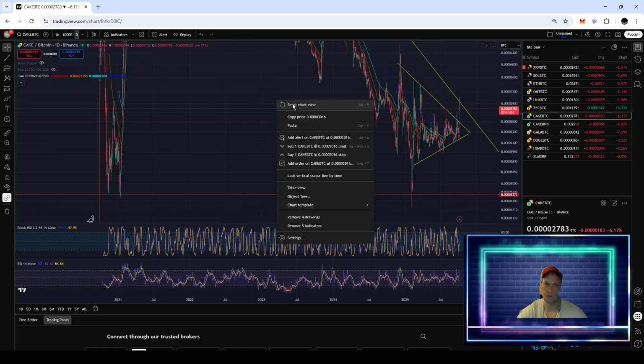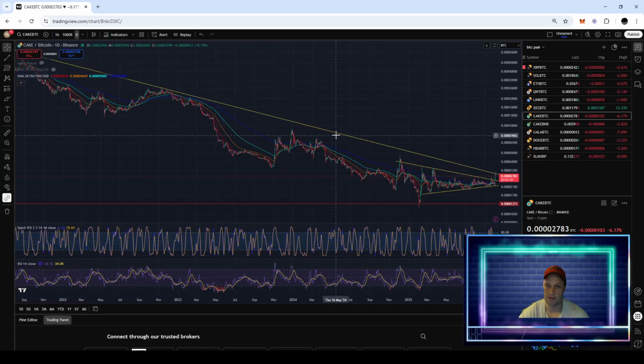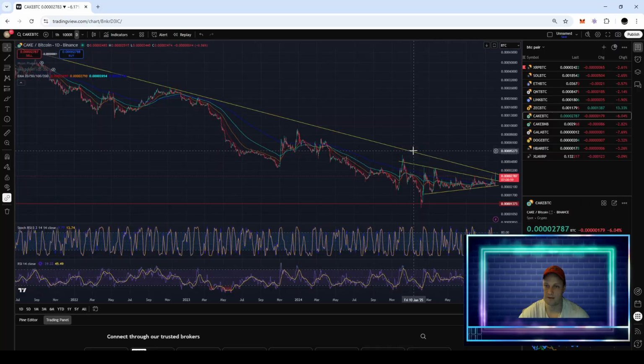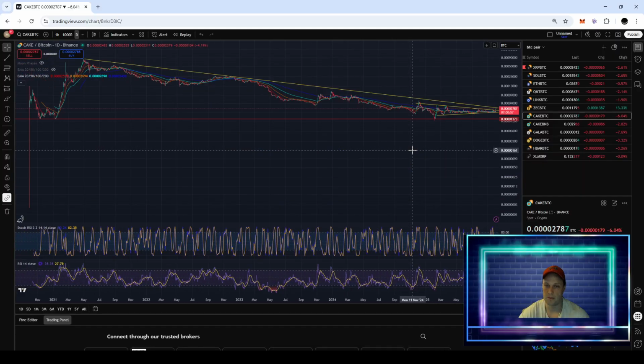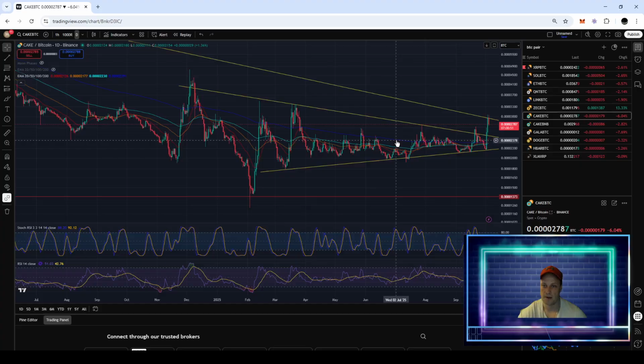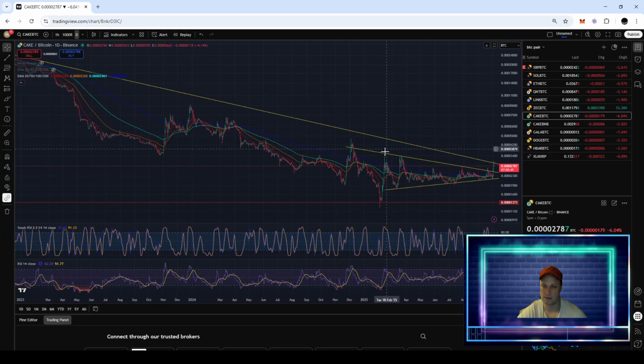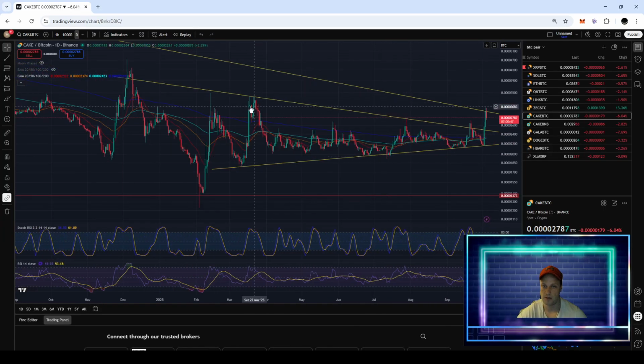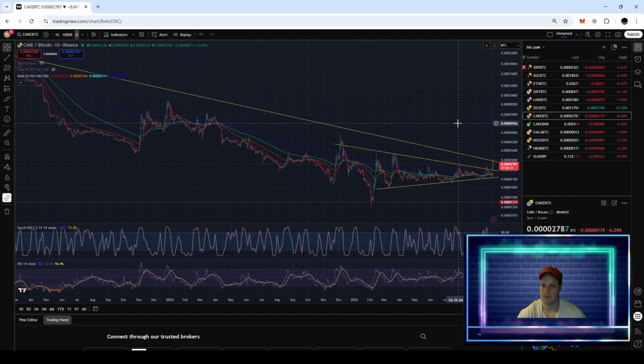Then let's go to Cake. Cake has been pumping this week, of course, and we see the same downward sloping pattern for PancakeSwap. It's broken out against the USDT pair, but it has not broken out against the BTC pair. Here we had a clear breakout on the little bit smaller time frame, but now we're getting a rejection here.